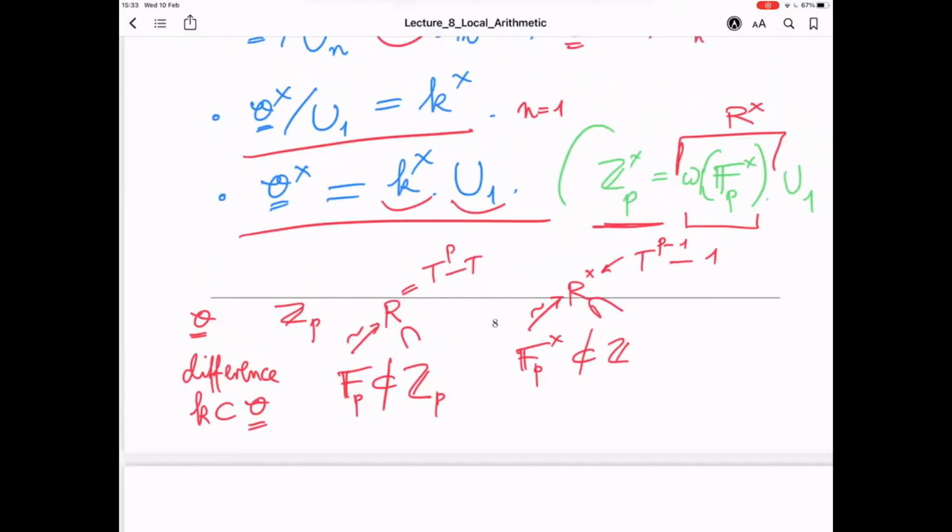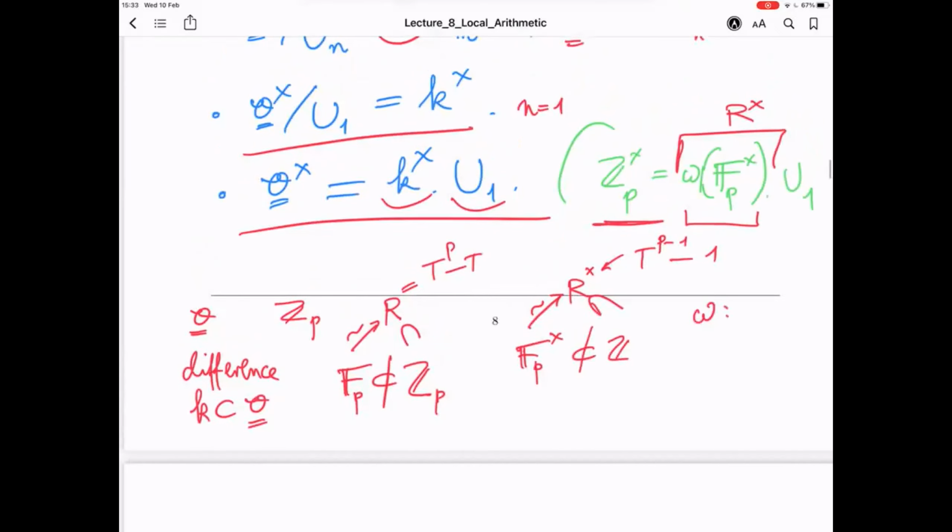Omega, so omega is the map from Fp to Zp, which takes... Do you remember this map? Maybe I had not given it a name, and the real name is Teichmüller representative.